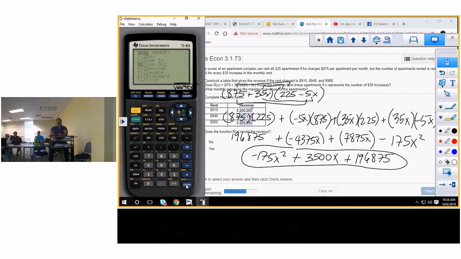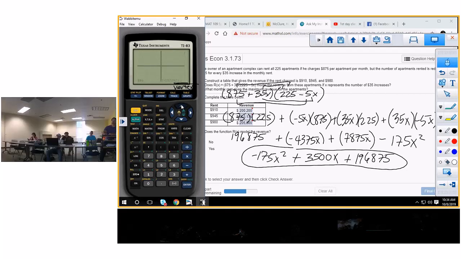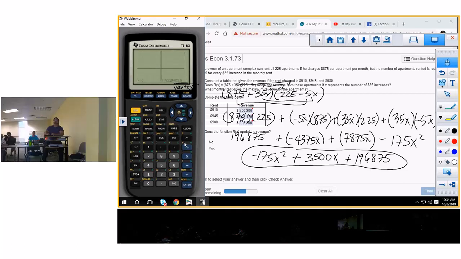You'd have to figure out your x-intercepts. Okay, evidently it's going to be very difficult to pull this up. This is not a good test question. It takes too much time to do this.